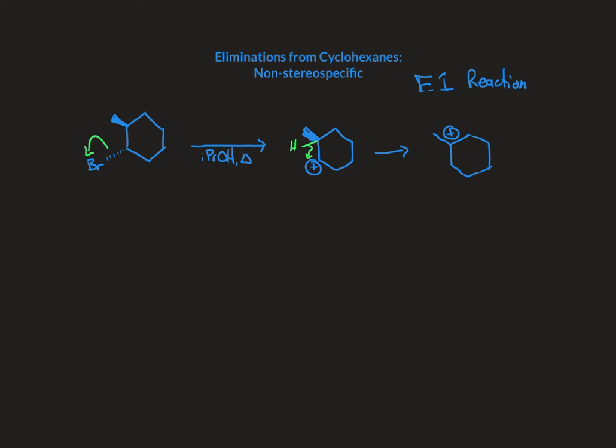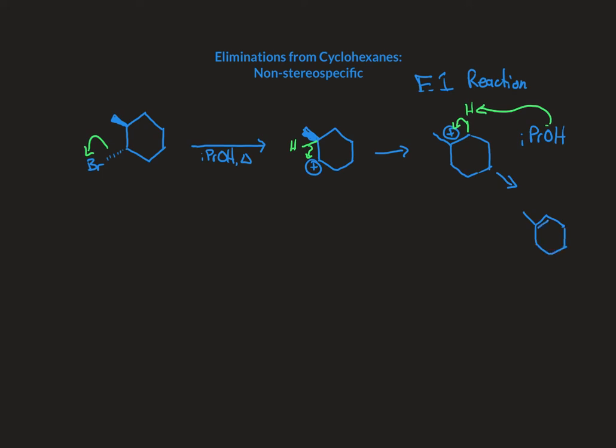From here, a molecule of isopropanol can pluck off a hydrogen and do an elimination to form this trisubstituted alkene.